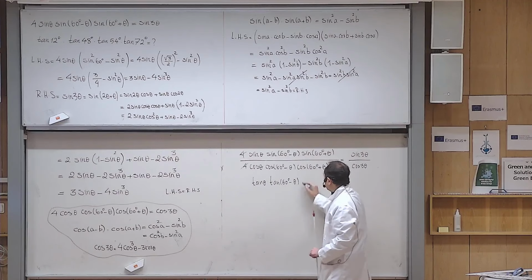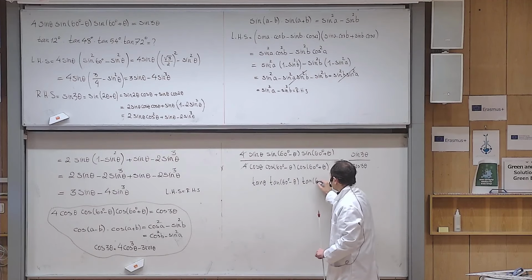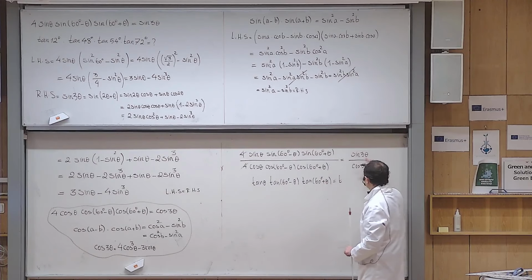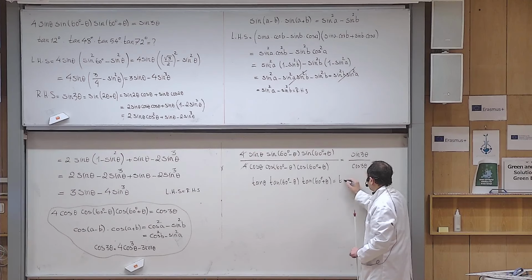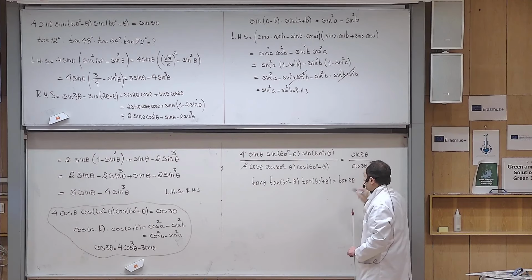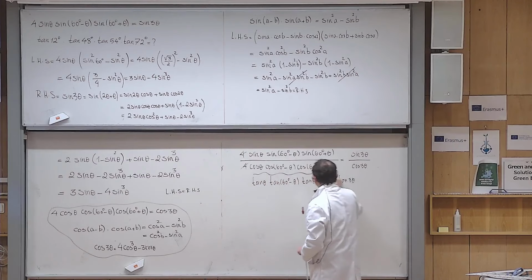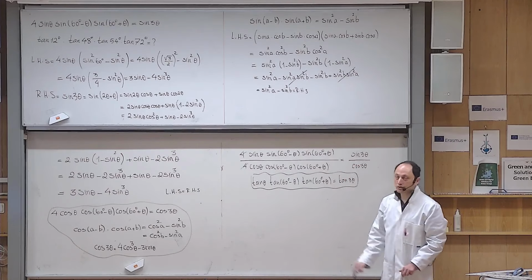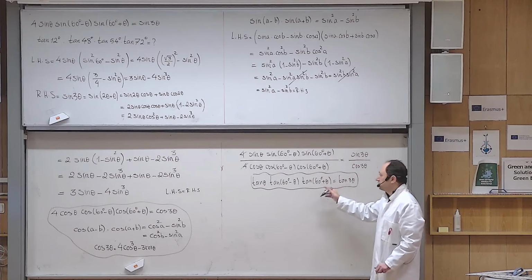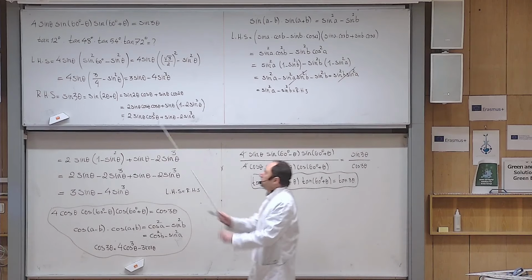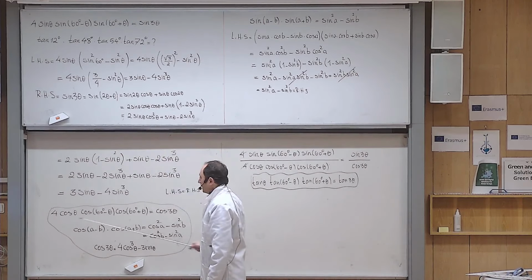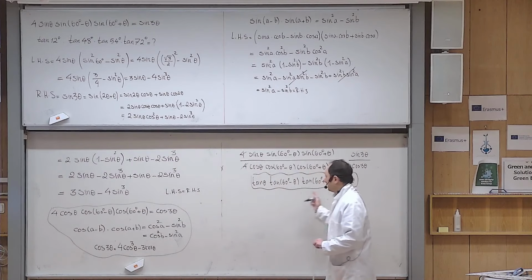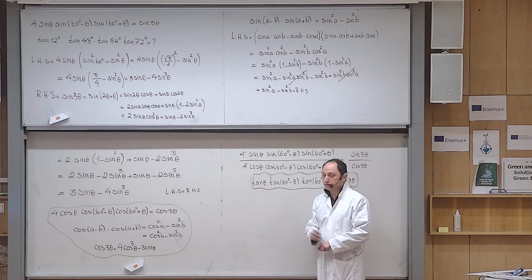And the same story here, it becomes tangent of 60 degrees plus theta. And on the right-hand side, I will have tangent of an angle, cosine of the same angle is tangent of that angle. So I was able to prove this identity using those identities. So the only difference is that for sine and cosine, we have a factor of 4, but the similar formula for tangent lacks the factor of 4.